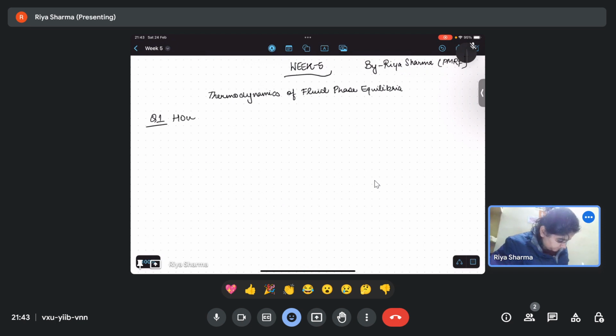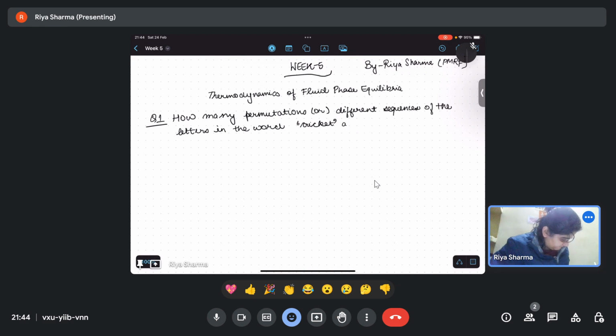How many permutations or different sequences of the letters in the word cricket are there?